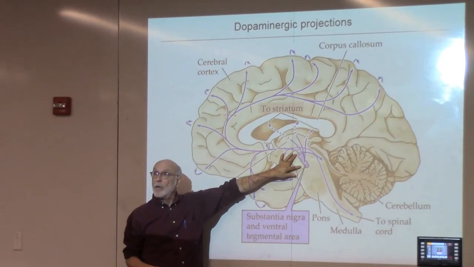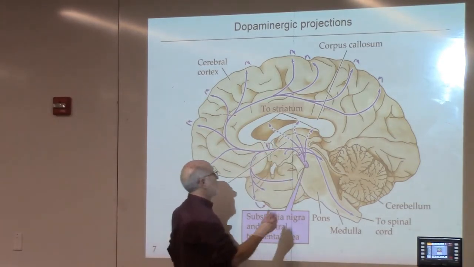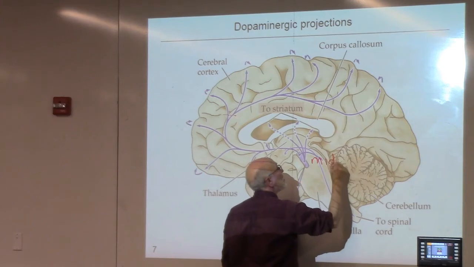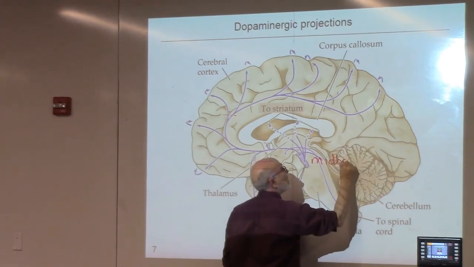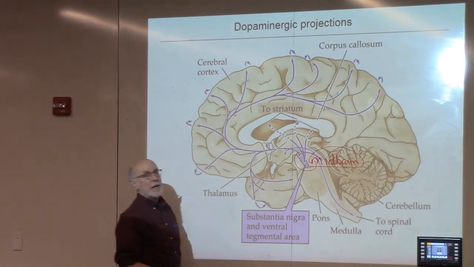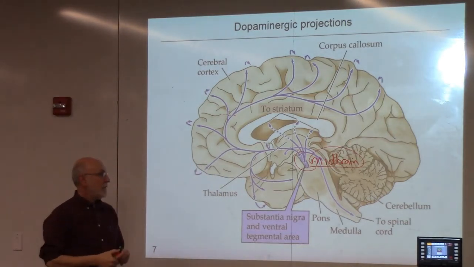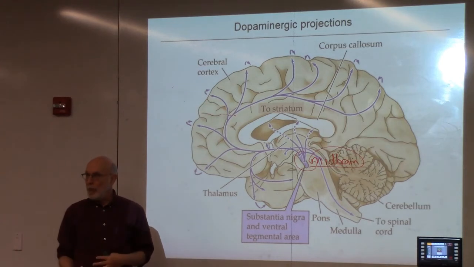The substantia nigra and the VTA are in a part of the brain called the midbrain. So I might as well start using some neuroanatomy. Midbrain. That's the midbrain. So the substantia nigra and the VTA are part of the midbrain.